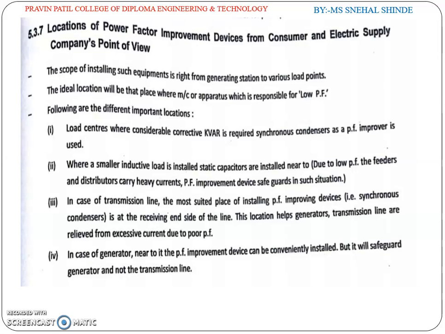In case of a generator, near to it the power factor improvement device can be conveniently installed, but it will safeguard the generator and not the transmission line.